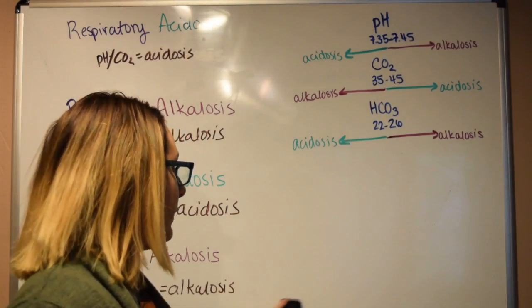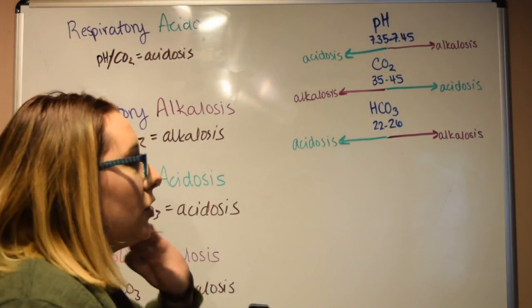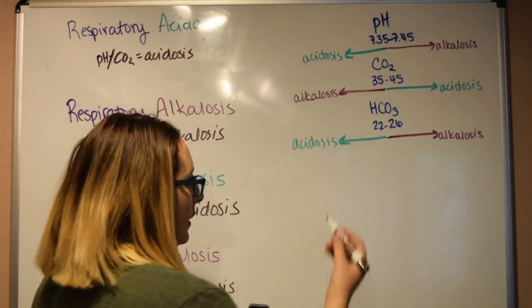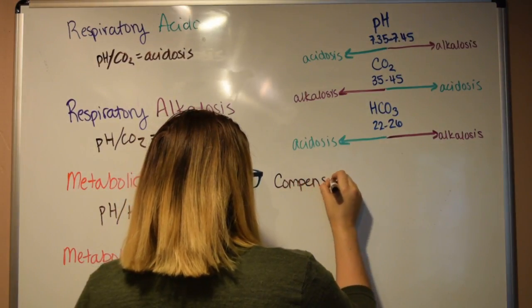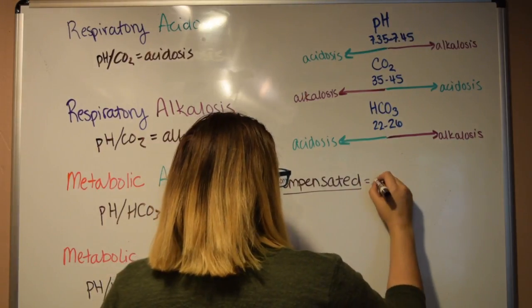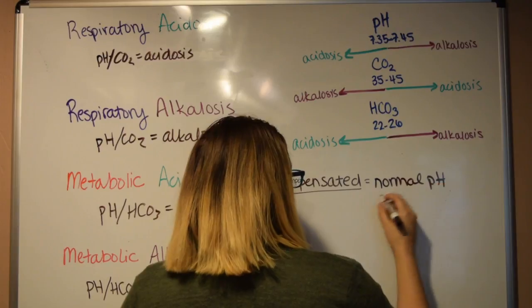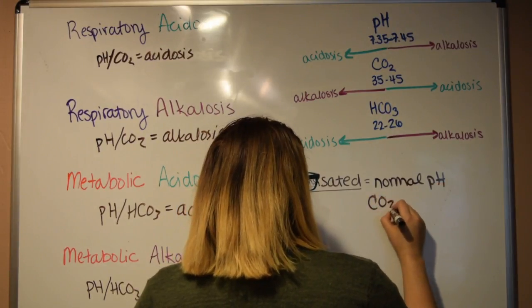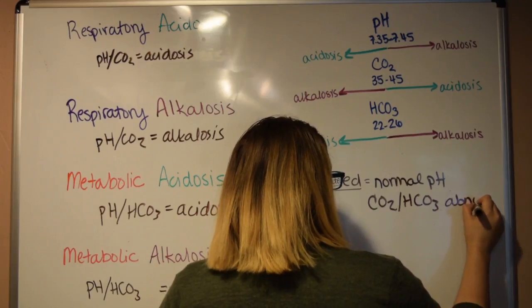And the next thing I'm going to go into is compensated versus uncompensated. So when you're compensated, that means that the problem is fixed. So compensated, you're going to have a normal pH because they fix the problem, and both CO2 and bicarb are abnormal.